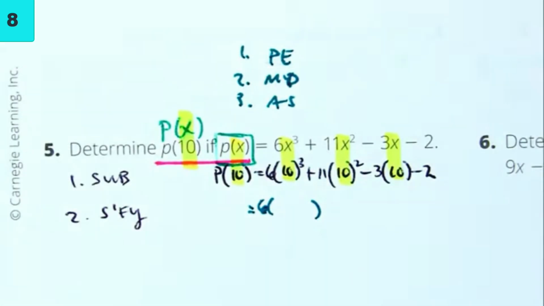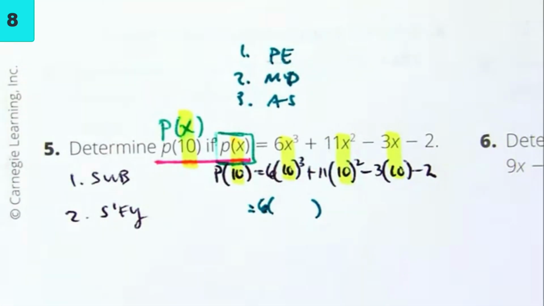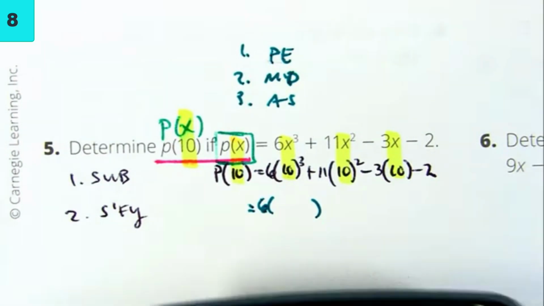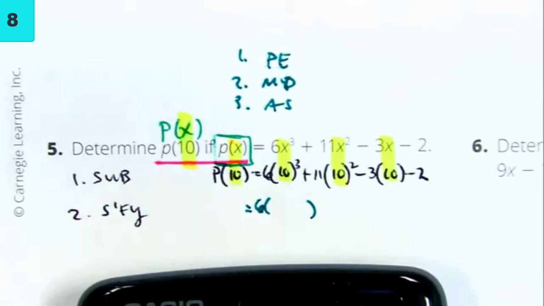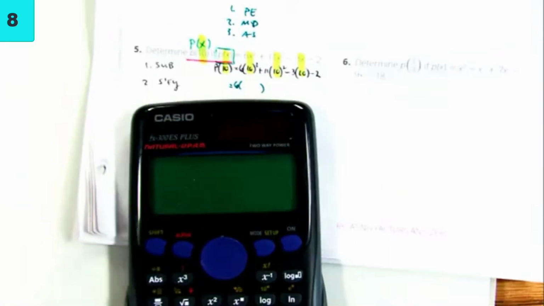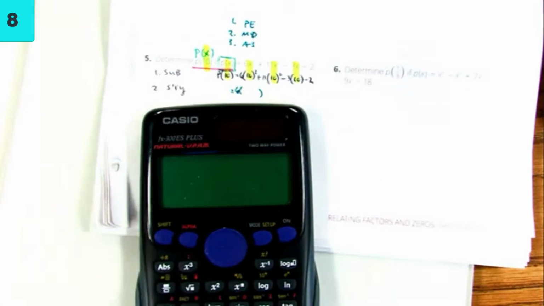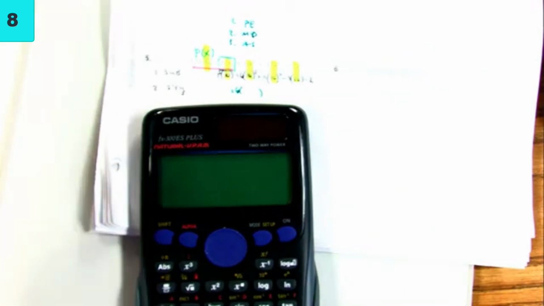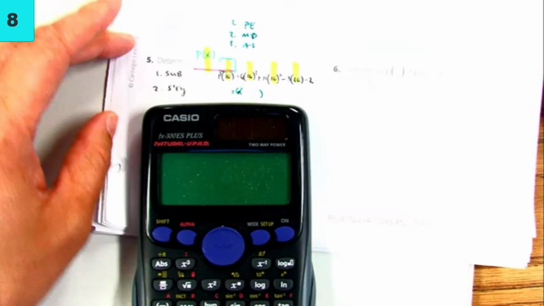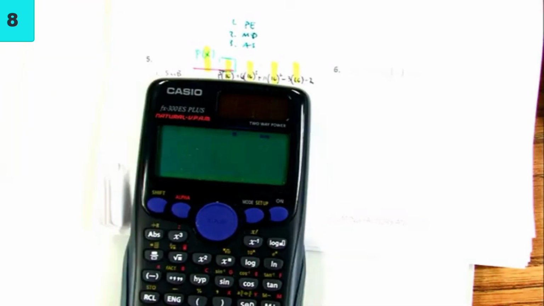If you don't know, you can use your calculator. So pull out your calculators. Now I have this Casio, and to do this, I'm going to press on.